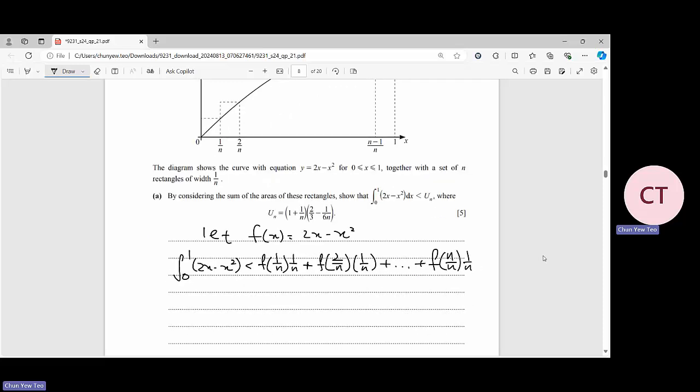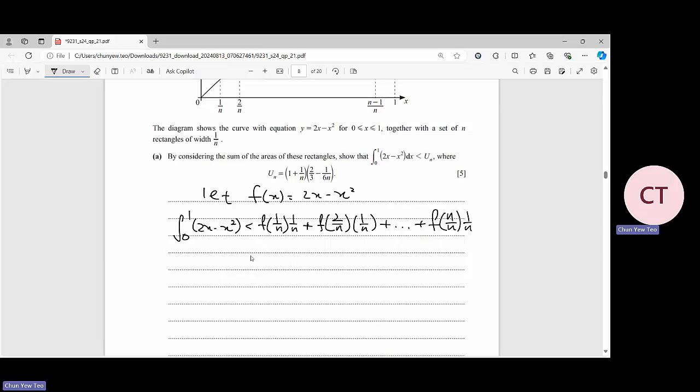So by right, you're supposed to have this. From here, you can factorize the 1 over n out. The whole thing inside here can be written as f of r over n, r from 1 until n. You can write like this, then remain this as 1 over n outside.